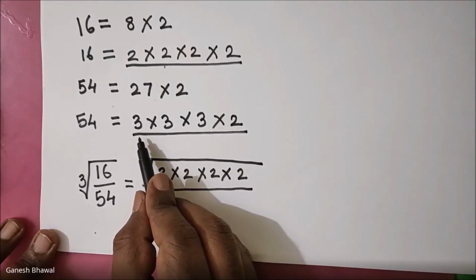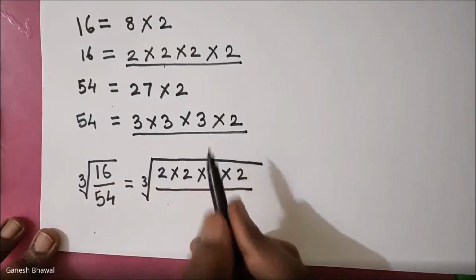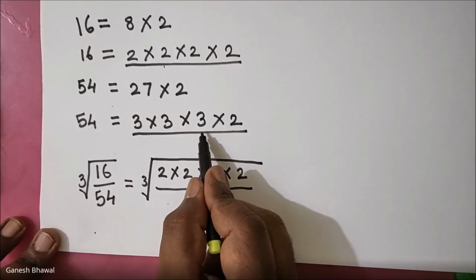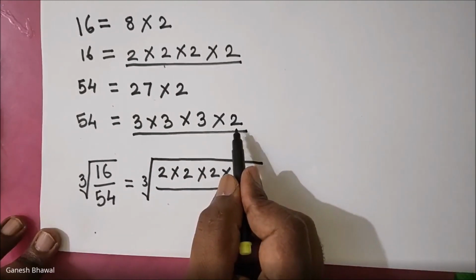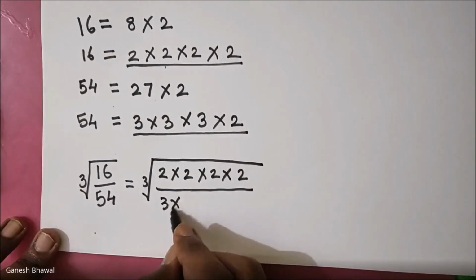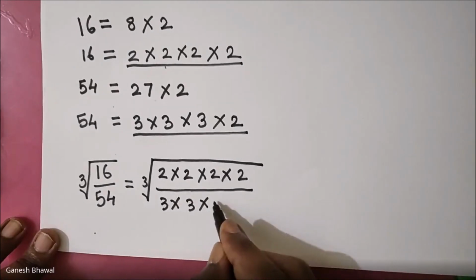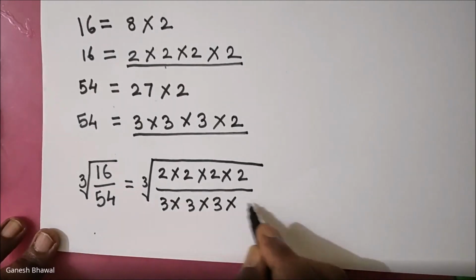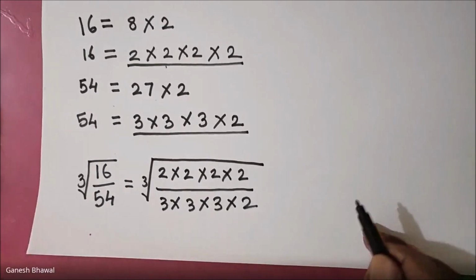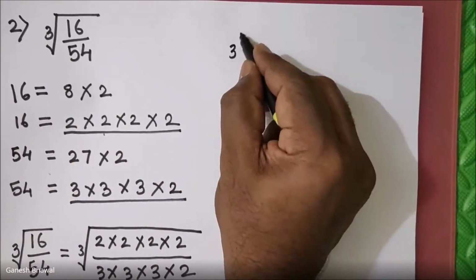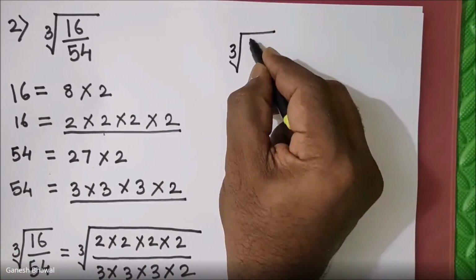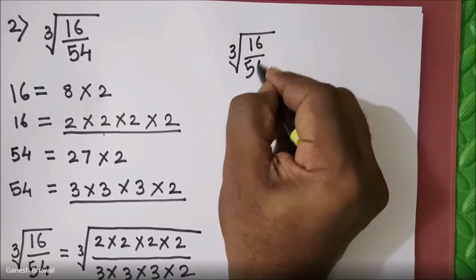Factors of 54: 3 times 3 and 1 time 2: 3 into 3 into 3 into 2. Under cube root 16 by 54.